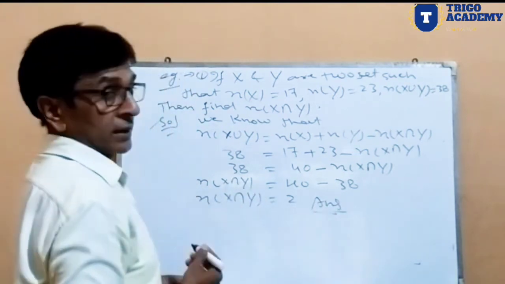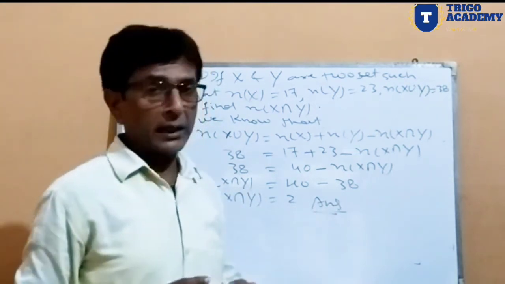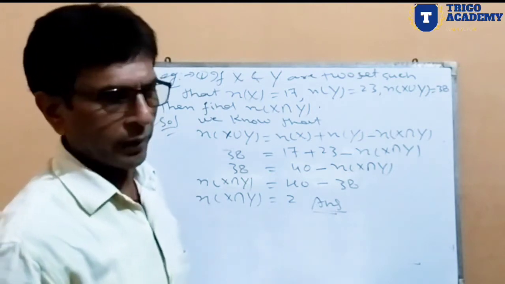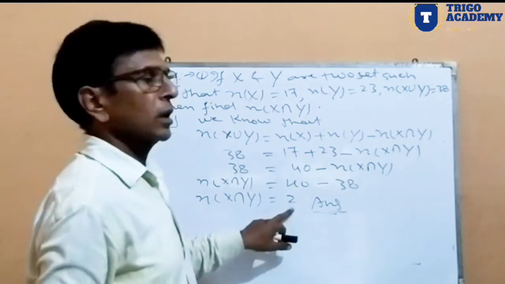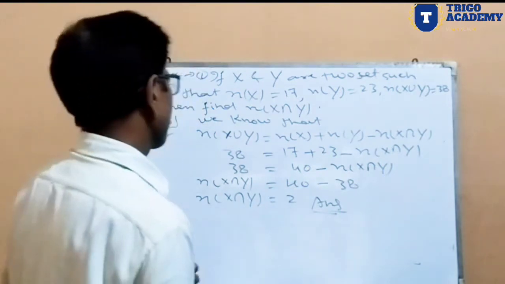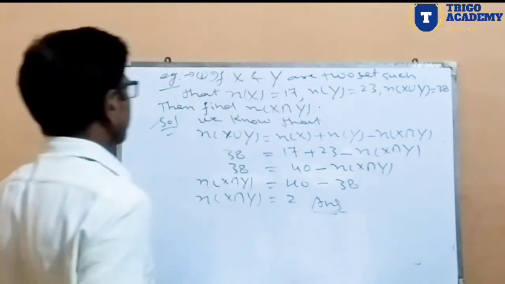In this way we can say there are only two elements common between X and Y. X और Y में only two elements common है. Okay, one more.